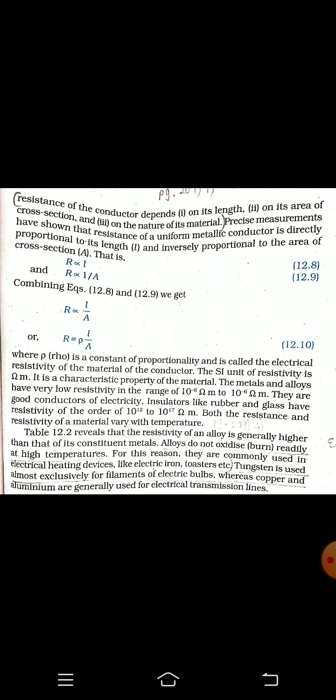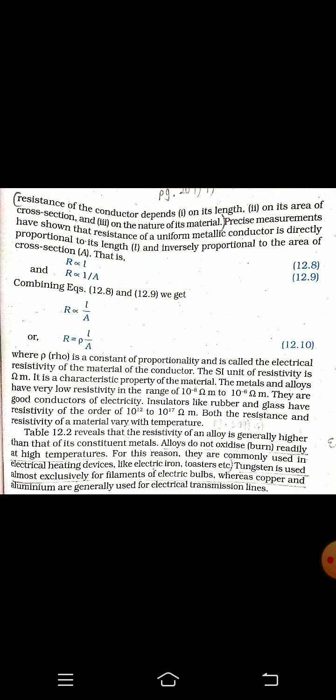So here the resistance depends on the area of cross section also. You can note that when we used a copper wire in case 4, it had the same cross section as the nichrome wire. This means both will have the same width.